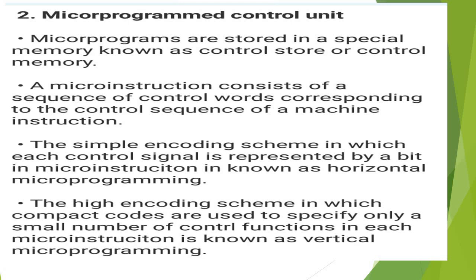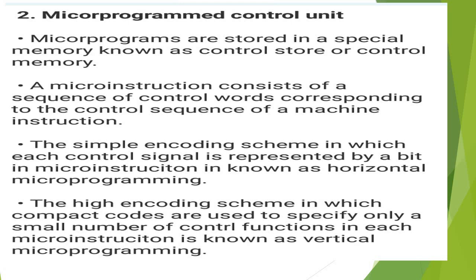These are stored in the special memory. It is also known as control store or control memory. A microinstruction consists of a sequence of control words corresponding to the control sequence of a machine instruction.